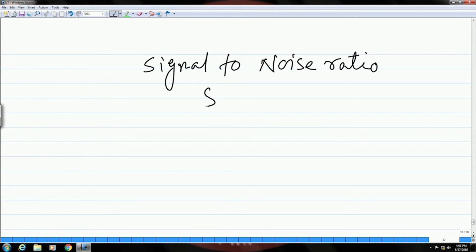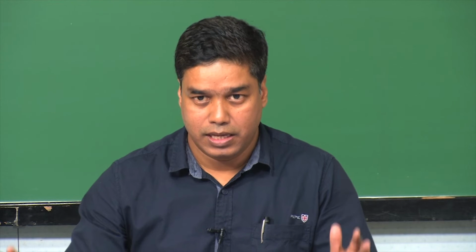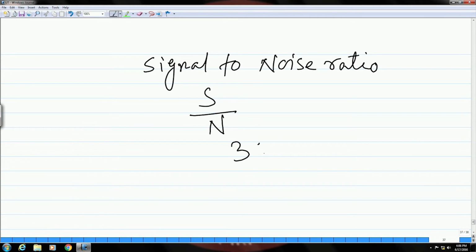This is written as S by N, and the idea is to minimize the noise, so that the signal intensity from a defect is increased, and often a signal to noise ratio of 3:1 is needed as a minimum requirement. Okay.